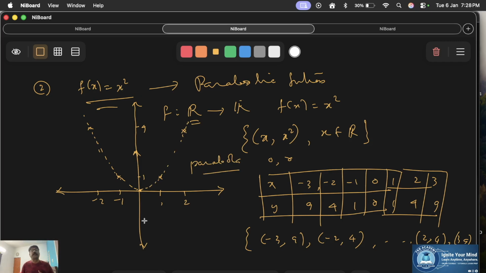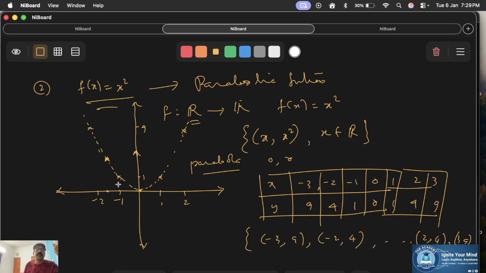For drawing the graph of a function, we normally consider integers for the ease of drawing: minus 3, minus 2, minus 1, 0, 1, 2, 3, etc. Actually, in between minus 2 and minus 1, there is minus 3 by 2. Minus 3 by 2 square is 9 by 4. There is a point somewhere here, actually.